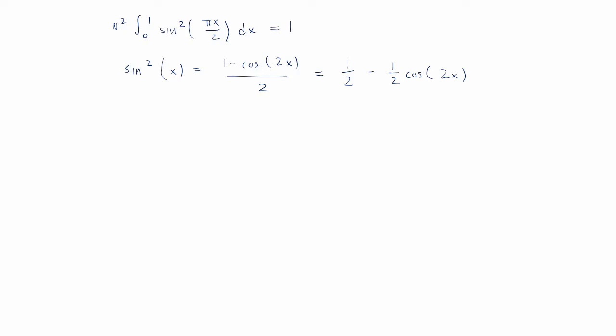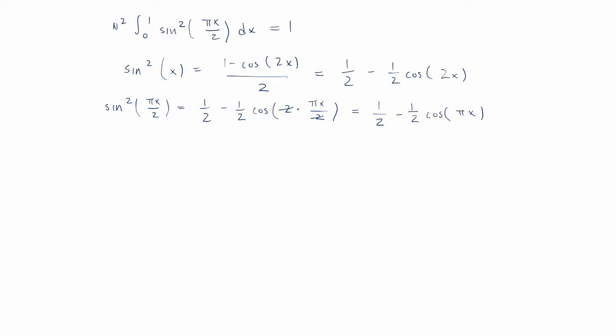So sine squared of pi x over 2 is therefore equal to 1/2 minus 1/2 cosine of 2 times pi x over 2. These twos cancel out, and what I end up with is 1/2 minus 1/2 cosine of pi x.